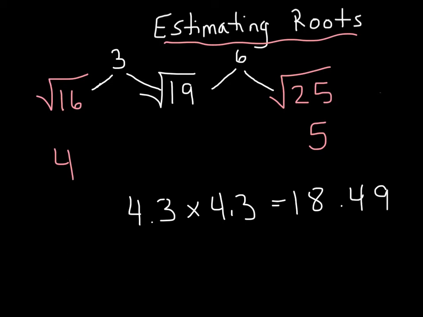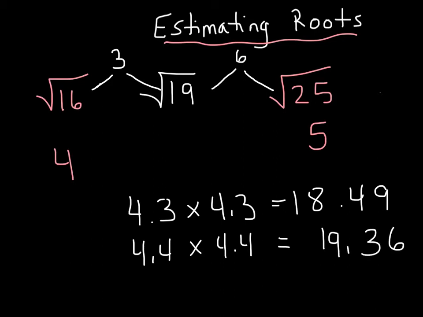That's pretty darn close to 19. So let's try 4.4 now. 4.4 times 4.4 is 19.36. So hey, we know that our root of 19 is somewhere in between 4.3 and 4.4.